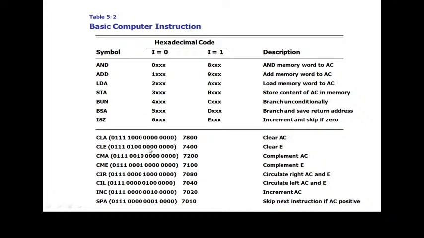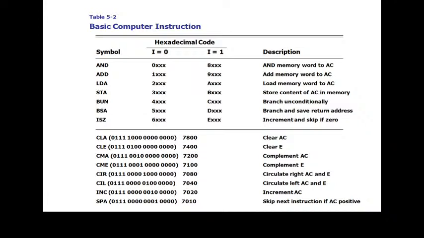Next, this classification is register reference instruction. This part next to this represents the hexadecimal code of the instruction. You know that 0111 is for a register reference instruction, right? Did you understand, Lokeshwara, what this combination is? 0111 will tell you that the instruction is a register reference instruction.